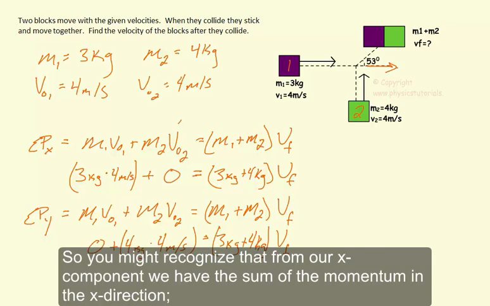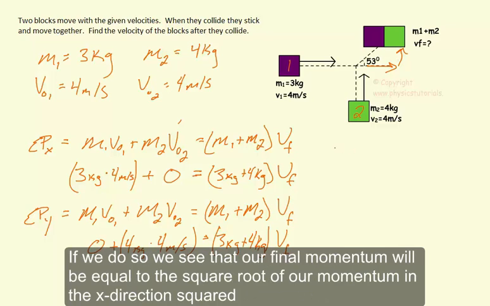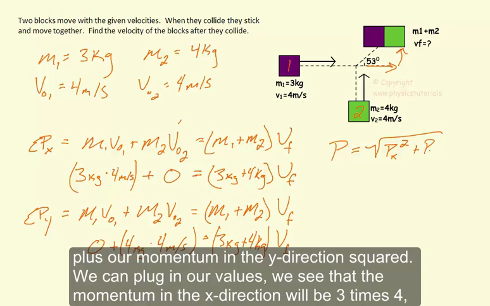So you might recognize that from our x component, we have the sum of the momentum in the x direction, and the sum of the momentum in the y direction. We can use Pythagorean's theorem to solve for the hypotenuse of this right triangle. If we do so, we see that our final momentum will be equal to the square root of our momentum in the x direction squared plus our momentum in the y direction squared. We can plug in our values.